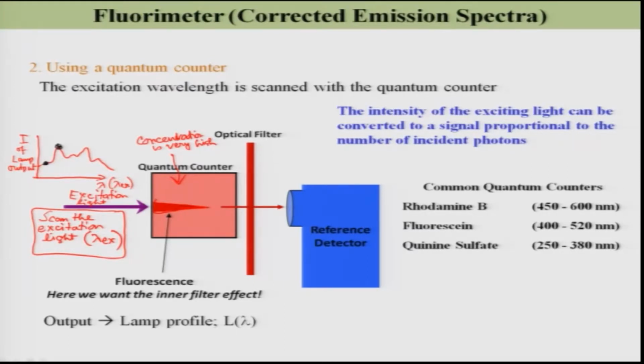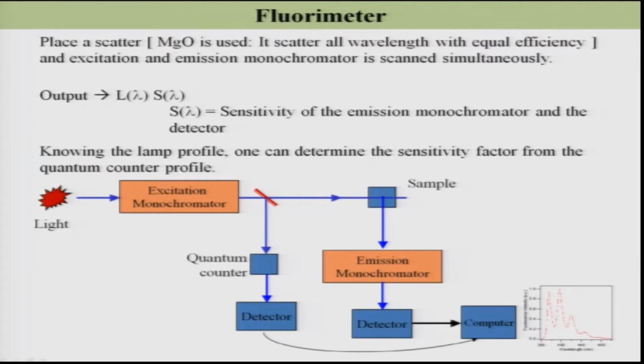So, what I wanted to do is record the total fluorescence intensity in this detector. And that is what I have written here: the intensity of the exciting light can be converted to a signal proportional to the number of incident photons, that means the intensity of the incident light. Now you see here is my light source, the excitation monochromator, and I have taken this light in this region.